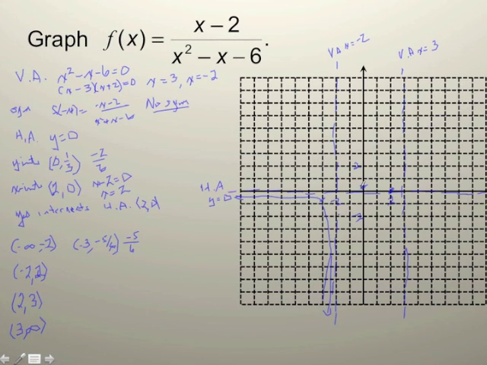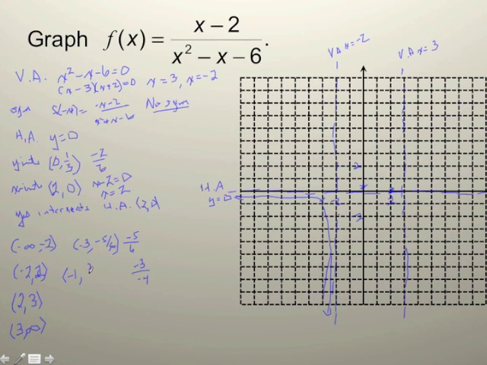Well, we've already got this one, but just for grins, I'm also going to do -1. When I do -1, I have -1 minus 2, so that would be -3. -1 squared would be 1, minus a -1, so 1 plus 1 minus 6, so it would be a -4.